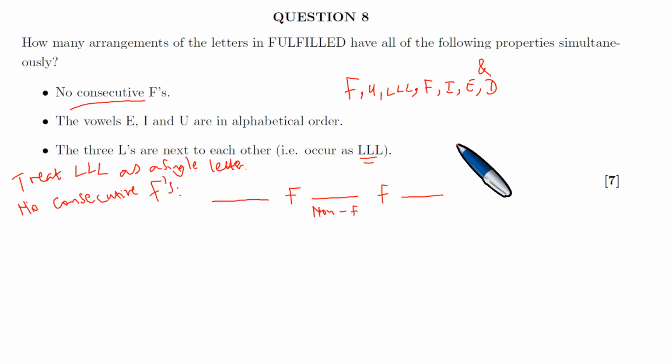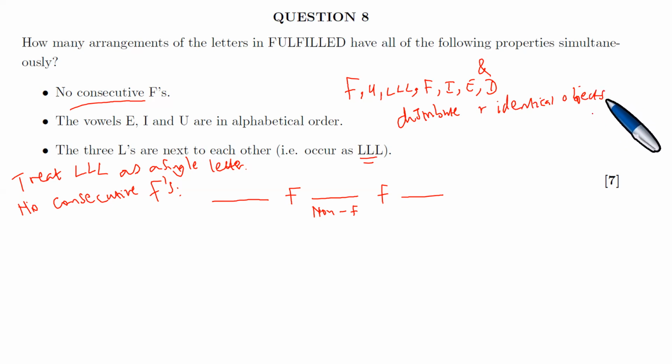So the distributions, either you're distributing R, so if you distribute R identical objects, because there are a couple of formulas to learn, into N different boxes.